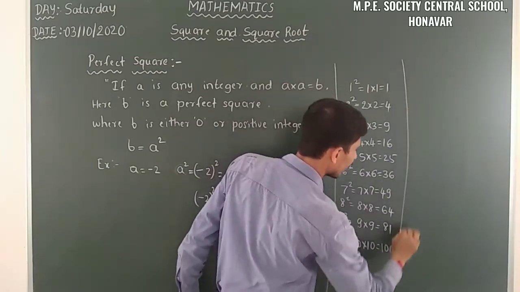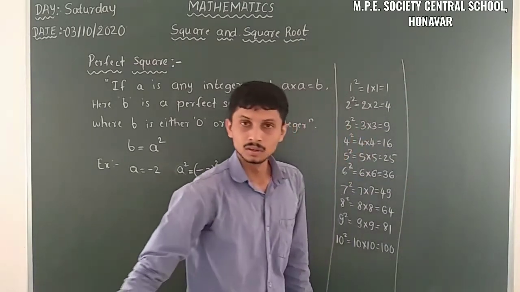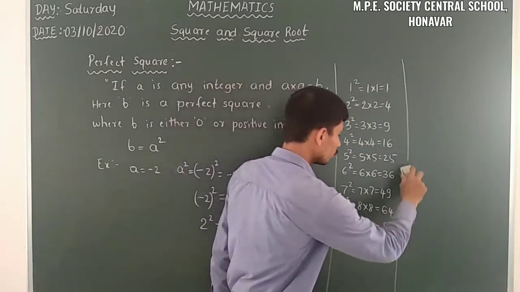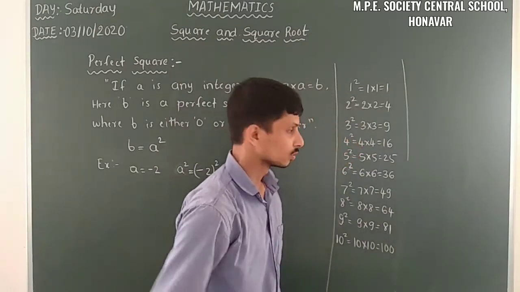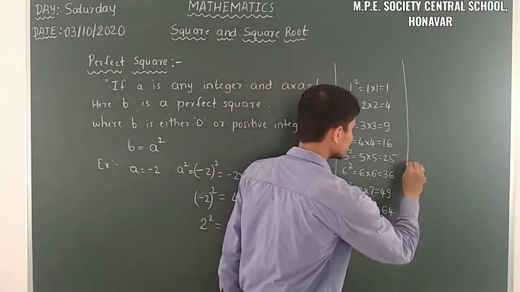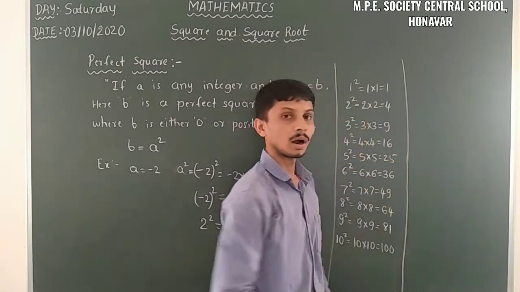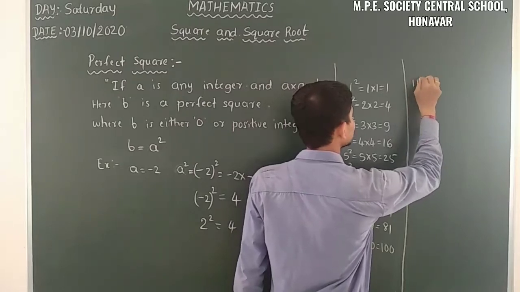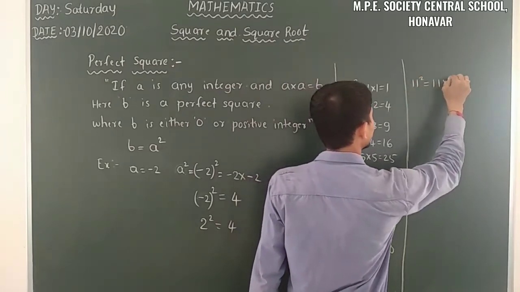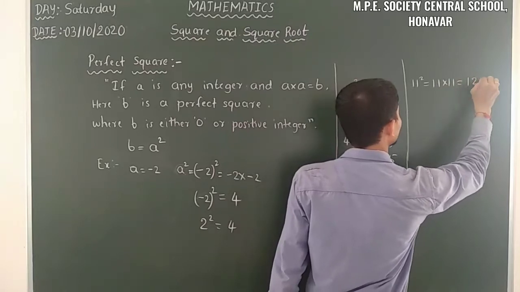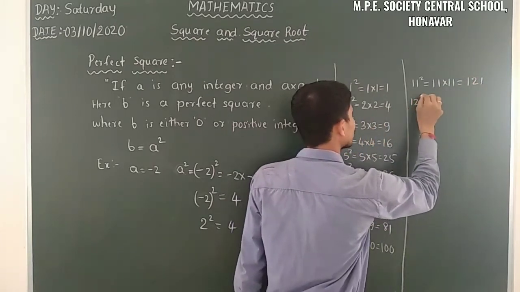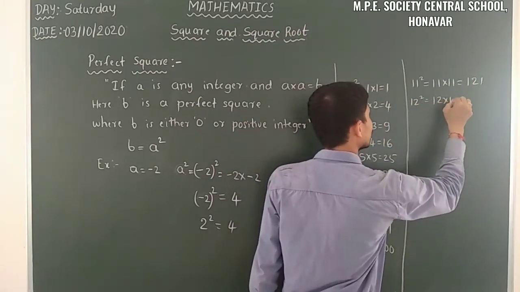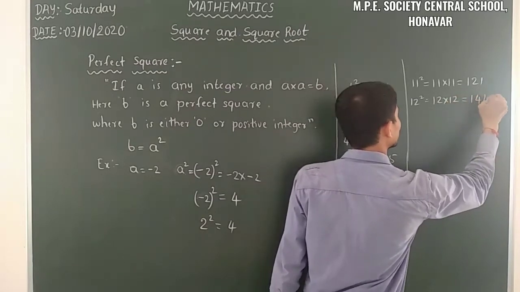So similarly we have to write from 11 onwards. It is very essential to know up to 20 square numbers. That is 11 squared is equal to 11 into 11 is equal to 121. 12 squared is equal to 12 into 12 is equal to 144.